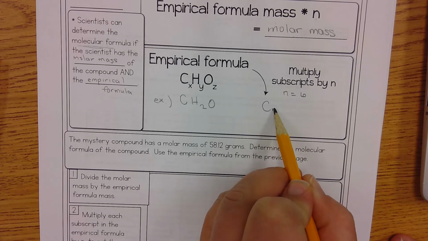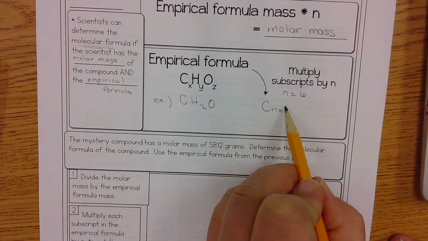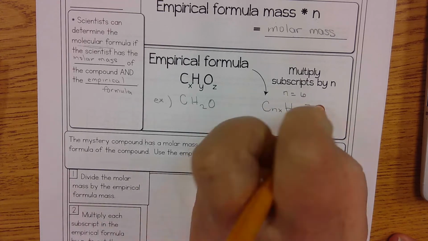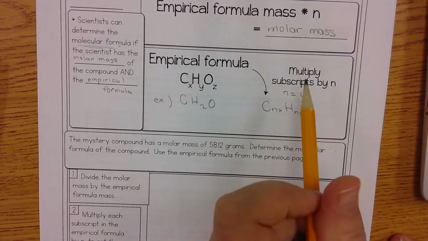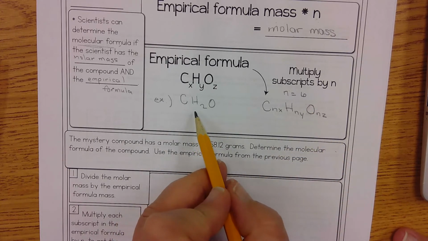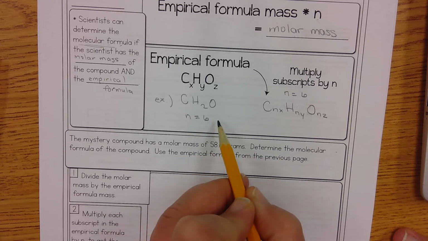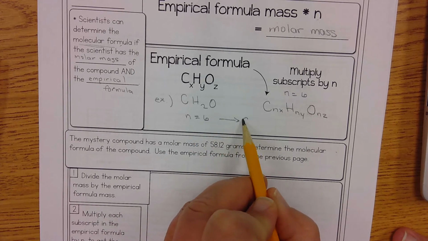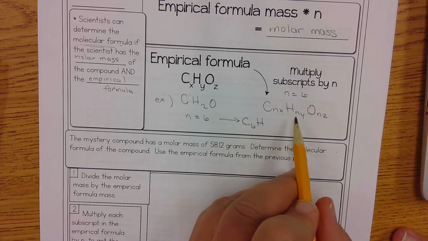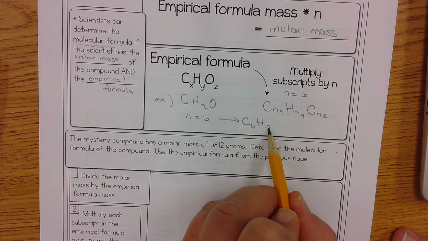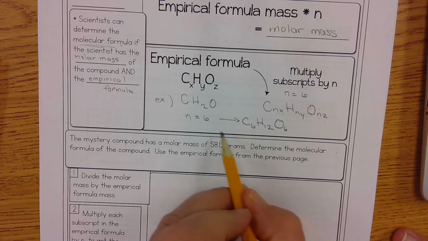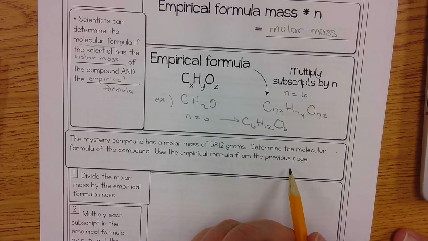For my example, when N equals 6, we get C, 6 times 1 is 6. H, 6 times 2 is 12. O for oxygen, 6 times 1 is 6. So we convert that empirical formula to the molecular formula.